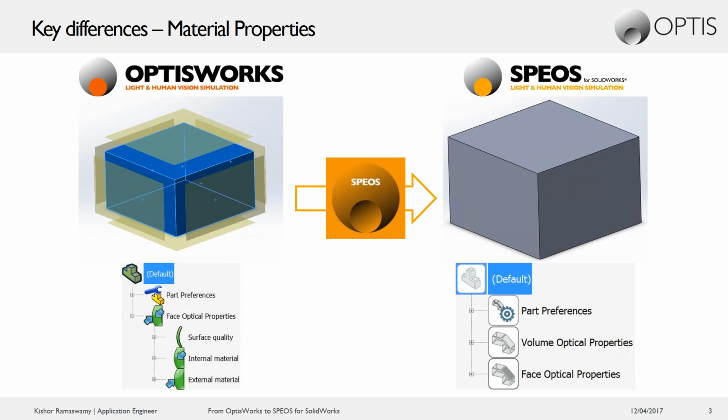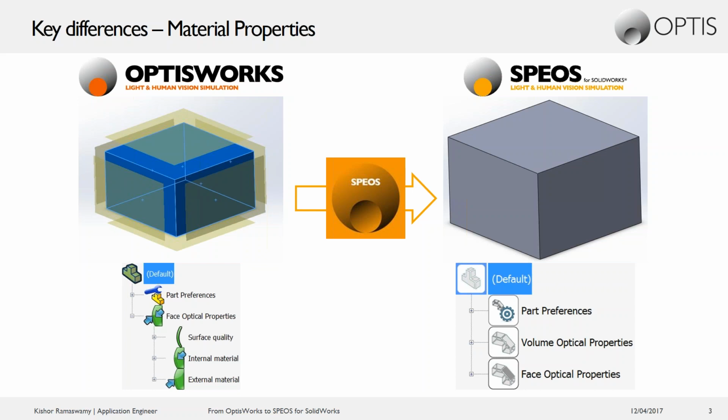So the main difference from my perspective between SPEOS for SOLIDWORKS and OPTISWORKS is the way that we handle material properties. In OPTISWORKS, we were using a surface-based modeling approach, and in this approach, all surfaces would be given a surface quality, an internal material, and an external material.